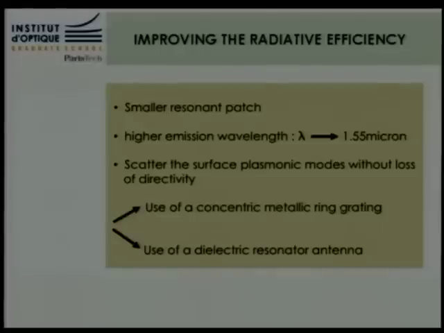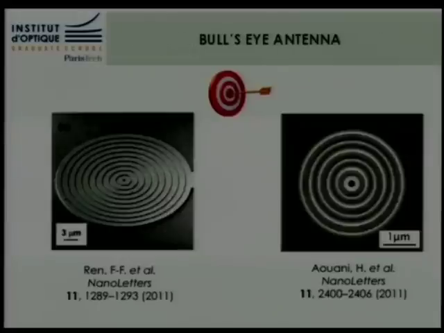And one also needs to scatter the surface plasmonic modes without loss of directivity. So there are two proposed strategies, either a concentric metallic ring grating or the use of a dielectric resonator antenna. So the first strategy is called a bullseye antenna, and it has already been studied and fabricated by at least two groups.